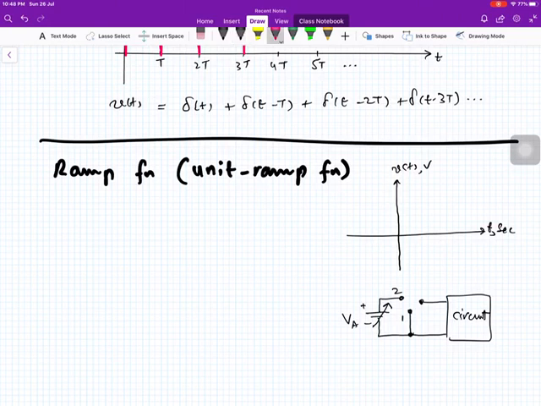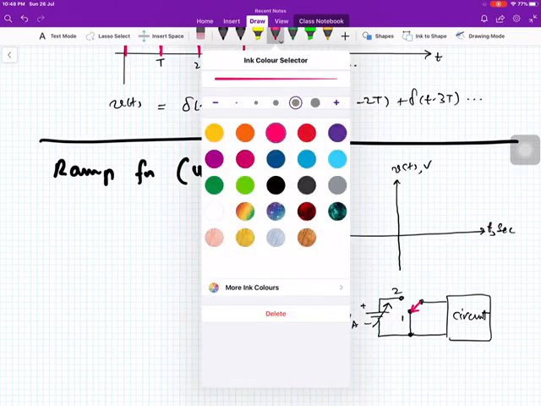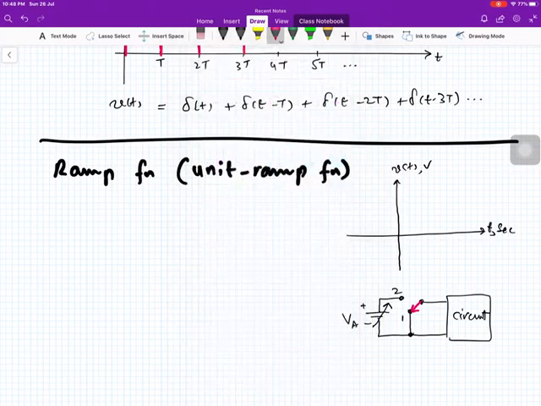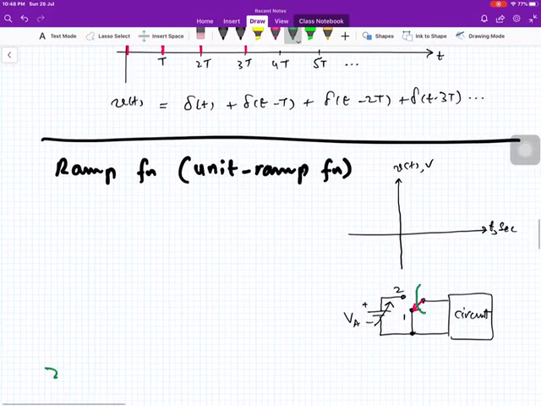And if we assume that the switch has been in this position from minus infinity to t equal to 0, we use t equal to 0 as our reference time of analysis, and then we move this switch to position 2 at t equal to 0.